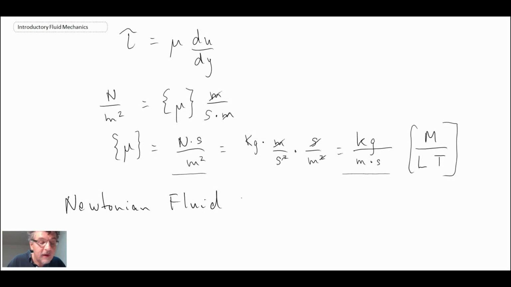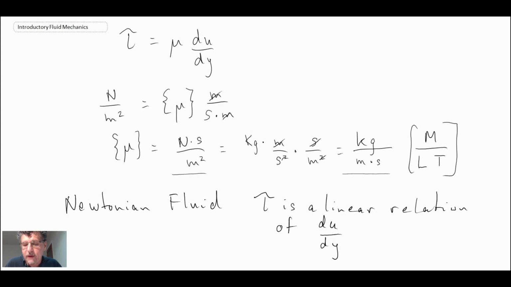The characteristic of a Newtonian fluid is that tau is a linear relation of du by dy. Now there are some fluids that are non-Newtonian, and for those fluids it is not a linear relationship. So you would have a nonlinear relationship here. Those are fairly complex fluids to analyze, and we will not be analyzing them in this course, but I will give you some examples of non-Newtonian fluids in the next segment.